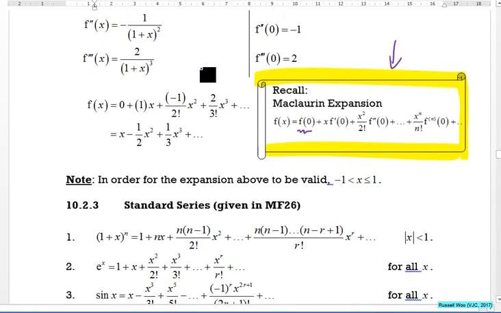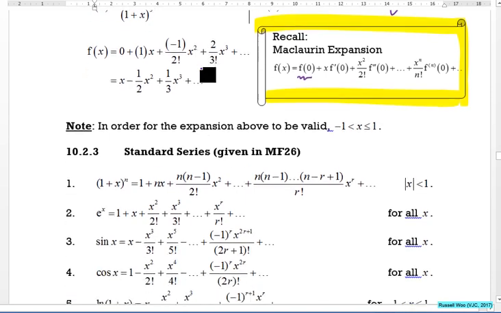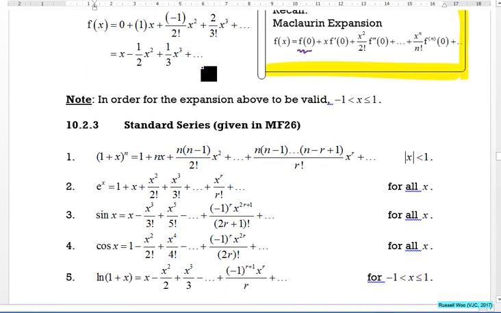Now the good news is that a lot of differentiation, a lot of these standard expressions has been done for you and is already given in MF26. Differentiated, substitute, differentiate, substitute. All standard series, all done for all of us.